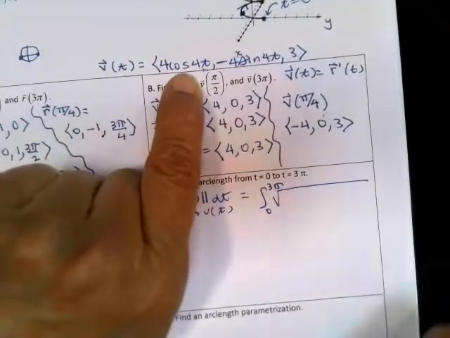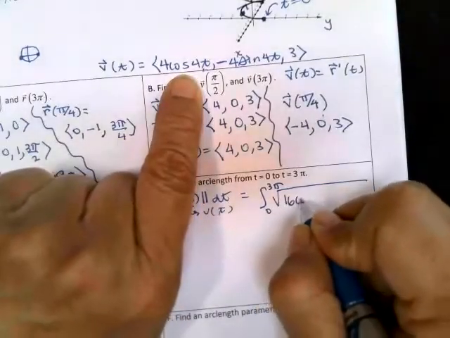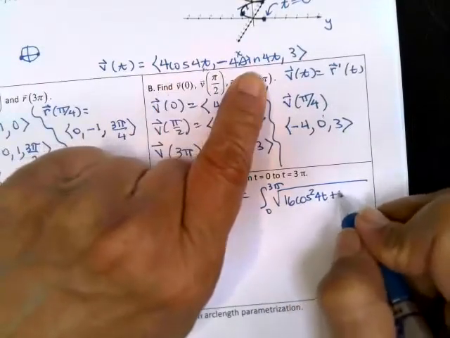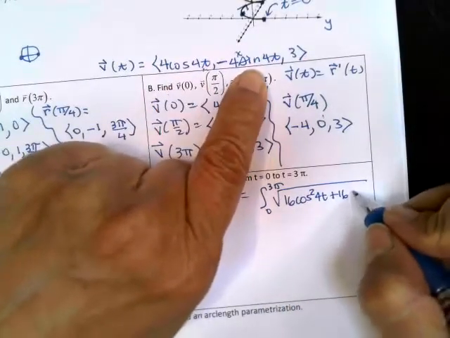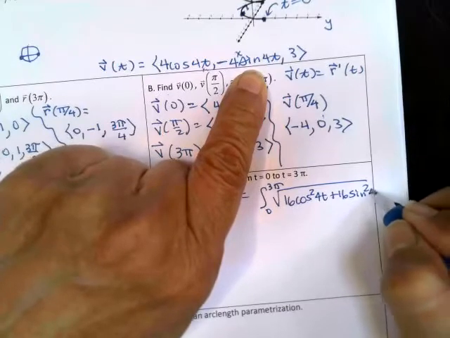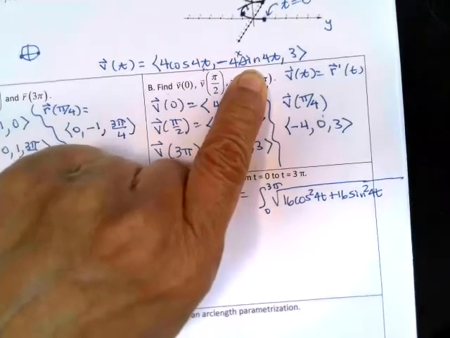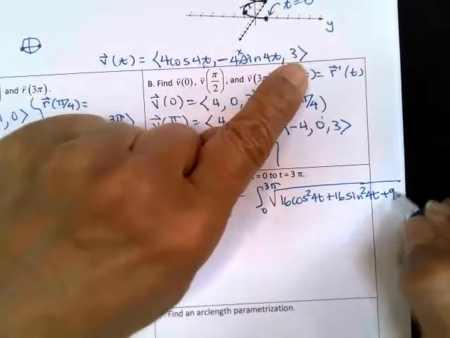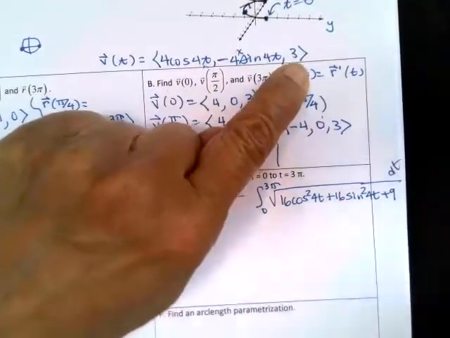So squaring, 16 cosine squared 4t, squaring will make that positive again, 16 sine squared 4t, and then squaring plus 4, or plus 9, dt.